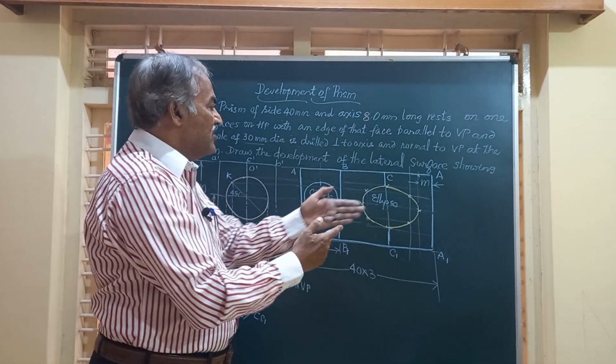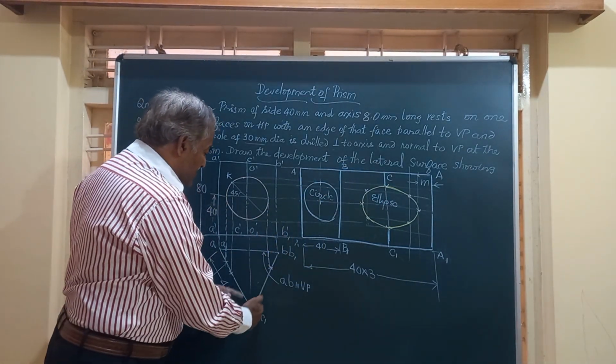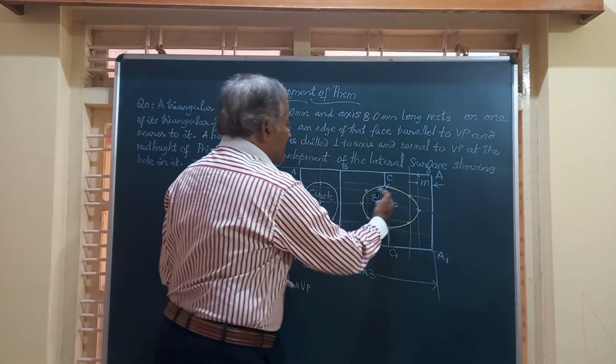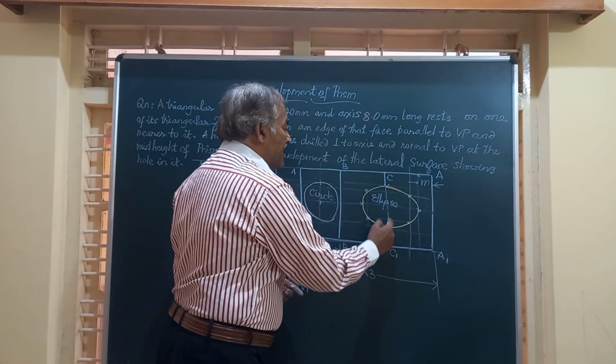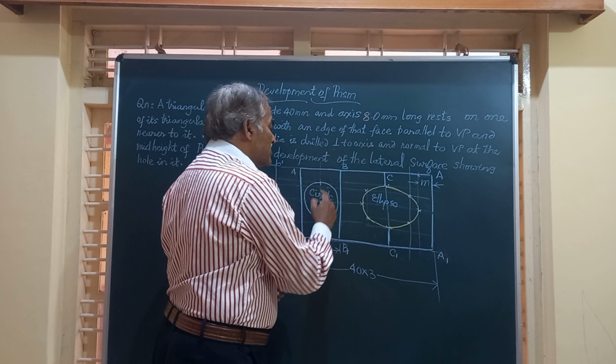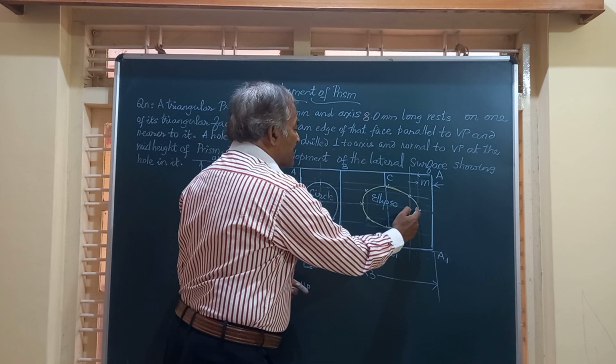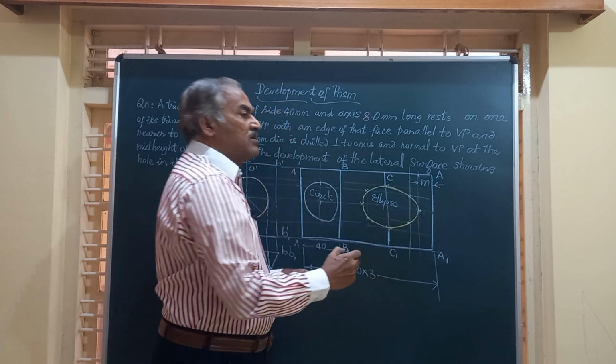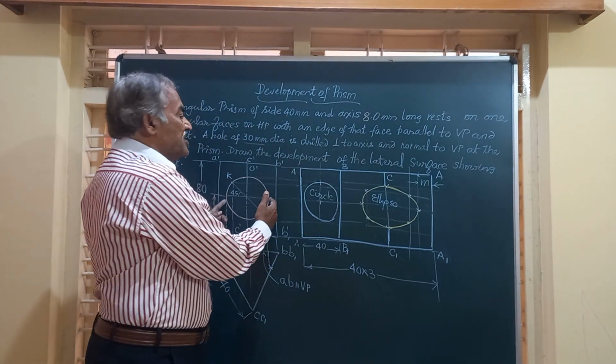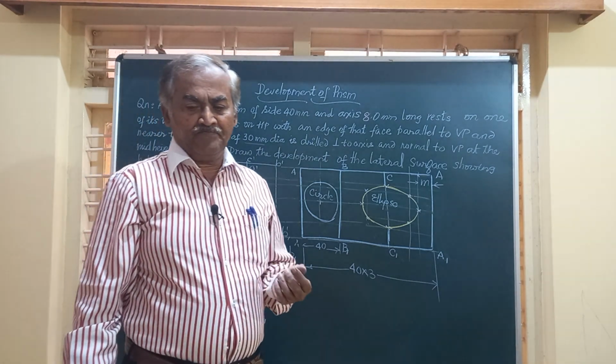It will be a circle, and on these two surfaces it is seen as an ellipse. The minor diameter of the ellipse is equal to the circle dia, and the major ellipse or the major axis will be dependent on the diameter of the circle.